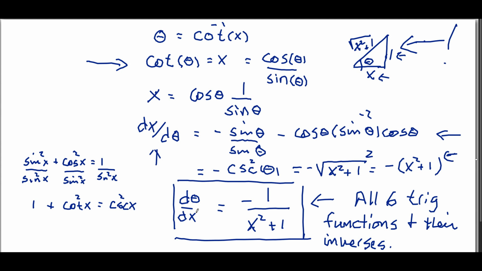This is basically the inverse. That's 1 over dx d theta. That's what this is. And that's how we got that answer, and that's how we got all those answers.